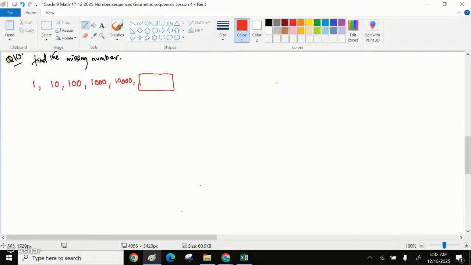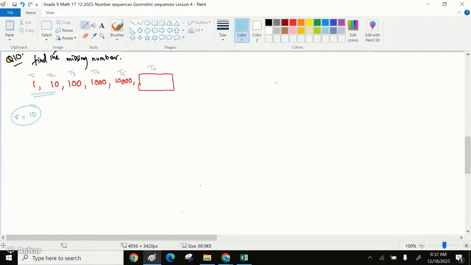Okay, so let's see. Let's look for the pattern, and before the pattern we write term 1, term 2, term 3, term 4, term 5, and term 6. See, the easiest possible way to do this question is that we find the ratio over here, and we know that the ratio is 10.